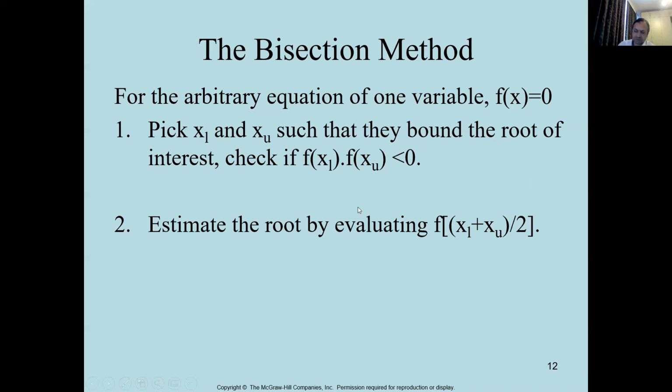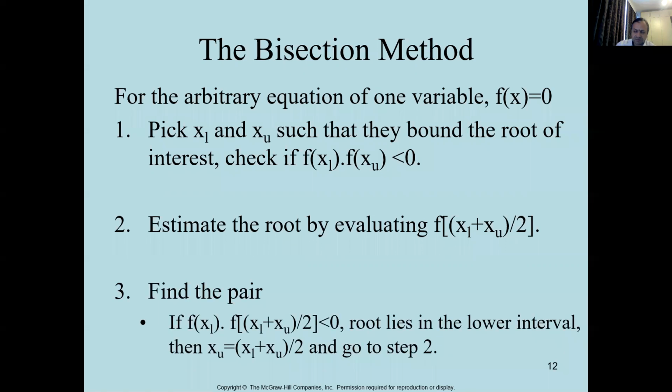Okay. So in that case, there may be three situations that can arise. The first situation is that if f of xl times f of this new point is less than 0, then that means xl and the midpoint xl plus xu over 2 are of opposite sign.